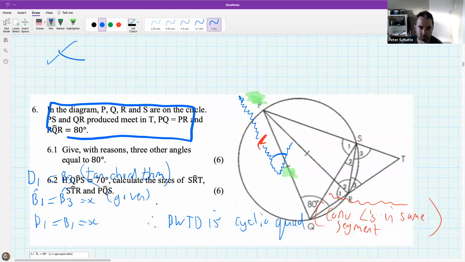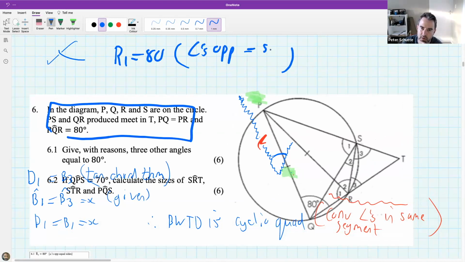So you're right. The first one is that R1 is equal to 80. And what is the reason going to be for R1 equals 80? It's going to be angles opposite equal sides.